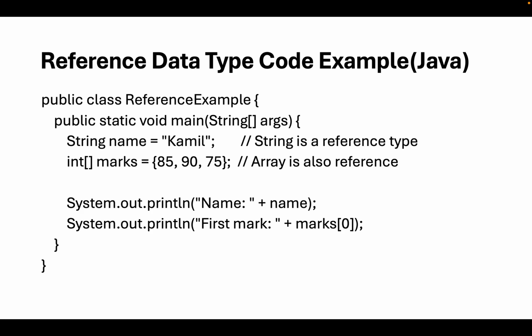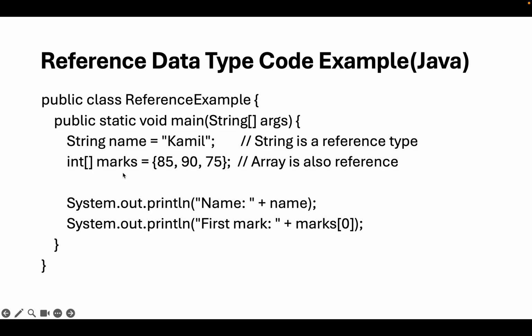Okay, so now a reference data type code example in Java. String name is equal to Camille. String is a reference data type, and as I said, this string is immutable. It cannot be changed. And here again, int of an integer type is an array.